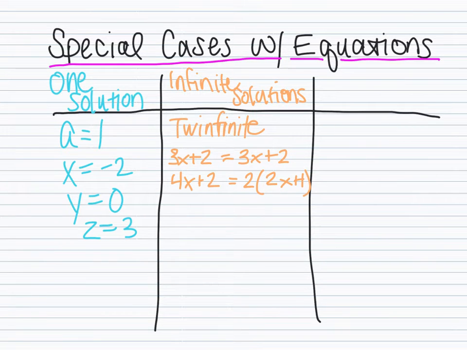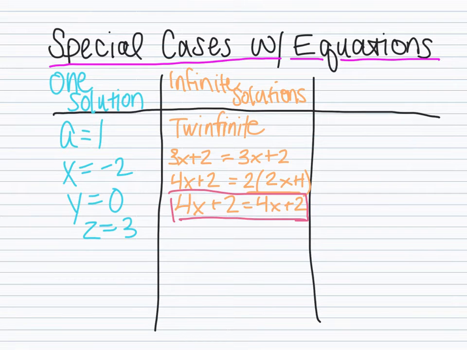So if you were to simplify this expression, we would get 4x plus 2 equals, we distribute our 2, we get 4x, and 2 times 1 is 2. So now it's twinfinite. It's the same on both sides of the equation, on the left and right.